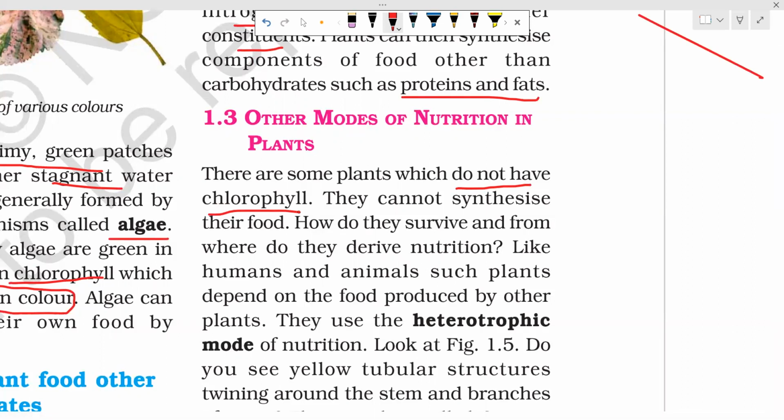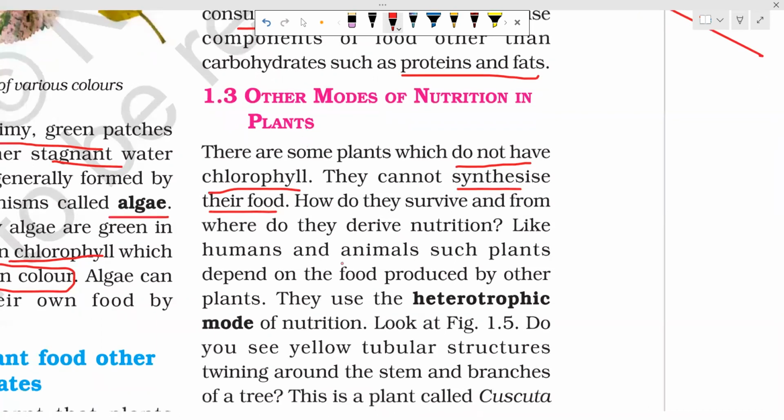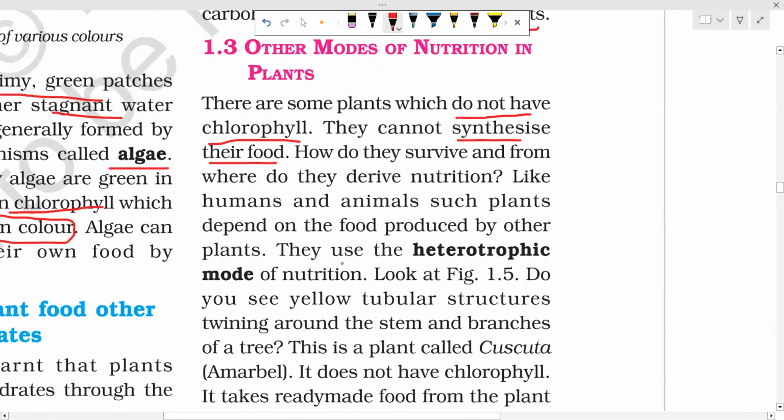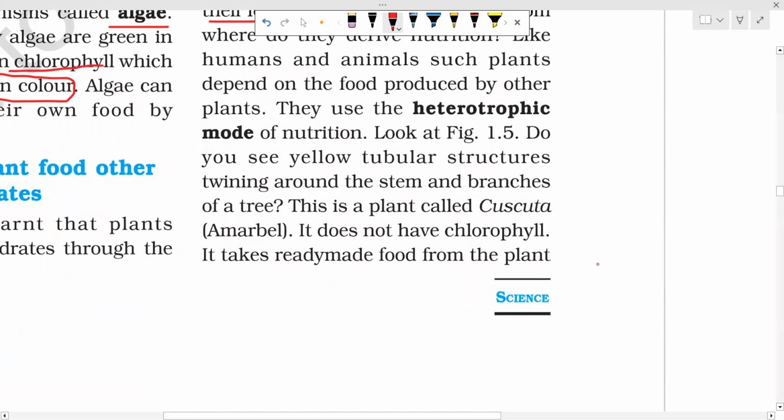If chlorophyll is not there, then they cannot synthesize their own food, and they have to depend on animals or on food from other plants.